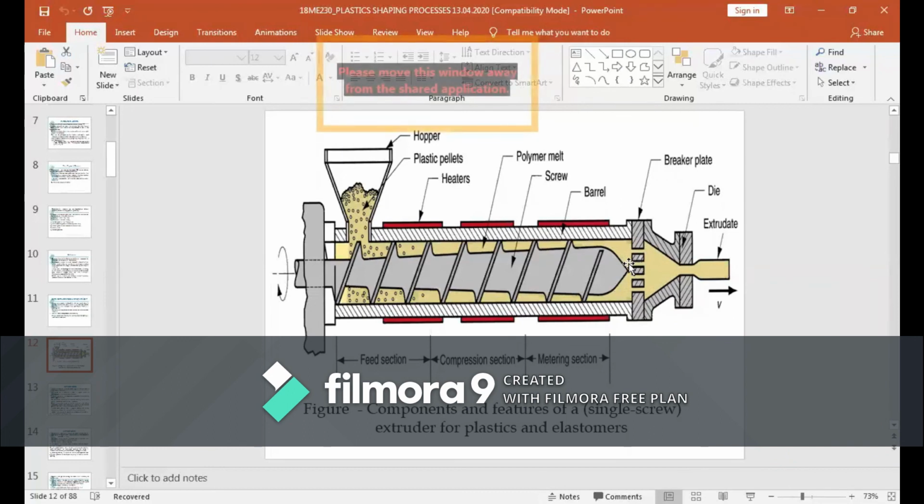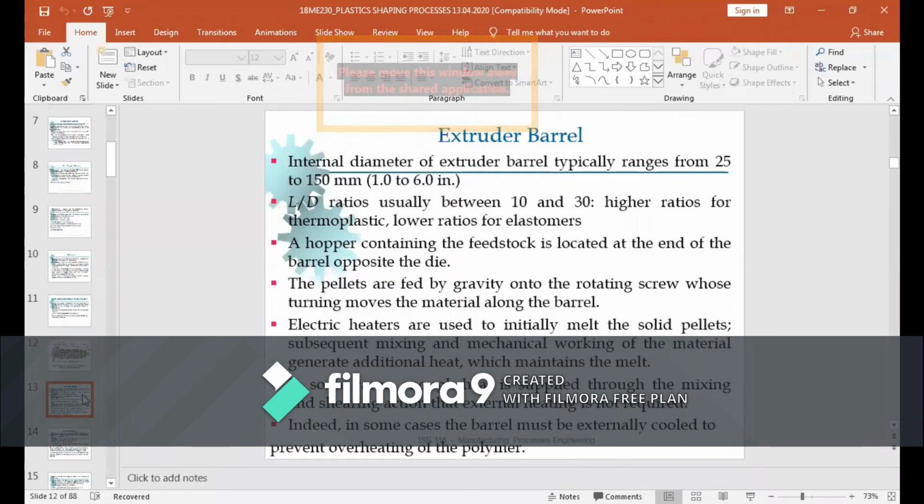It also removes lumps of pellet as well as any contamination. It will also provide some compressive action here. This is the working of your extrusion machine.